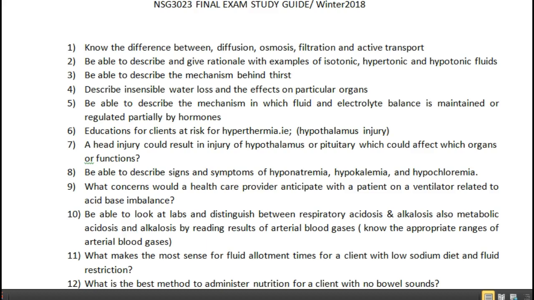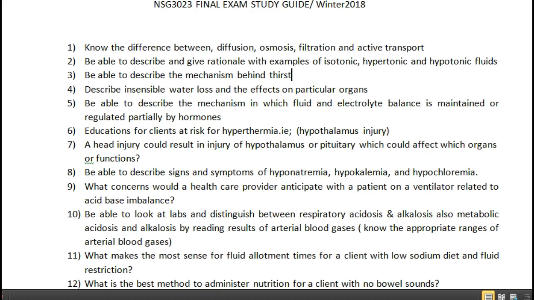Number 3 is be able to describe the mechanism behind thirst. The mechanism behind thirst is a conscious awareness or desire for a person to have water.